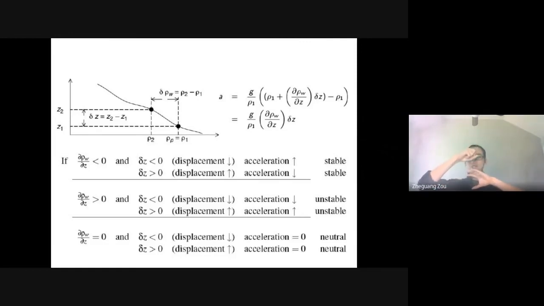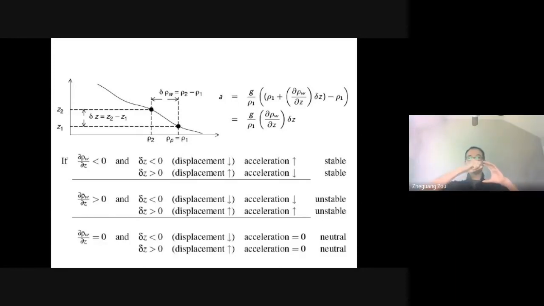So this is how it relates to this rho dz here, because it depends on that. That's the case for this stable case. The rho dz is smaller than 0, because z is defined as pointing up. For unstable cases like this, we have heavier water on top and lighter water on the bottom.